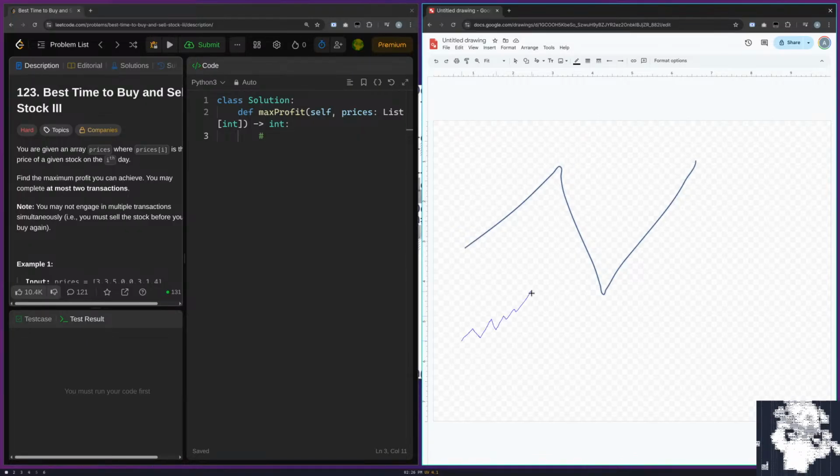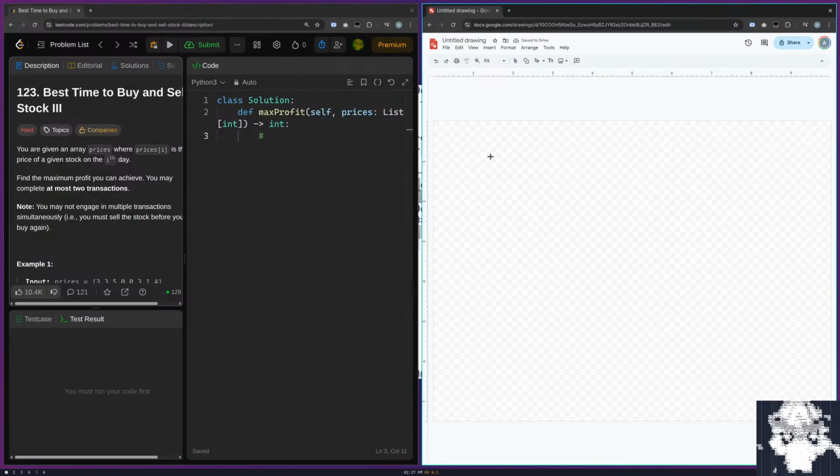If you've got jaggedness on the way up, and jaggedness on the way down, and jaggedness on the way up again, it's the same thing. Buy here, sell here, buy here, sell here. So let's try to make that example harder.